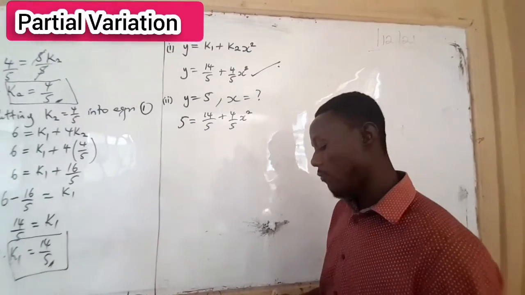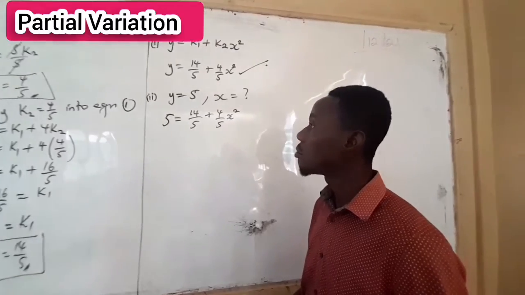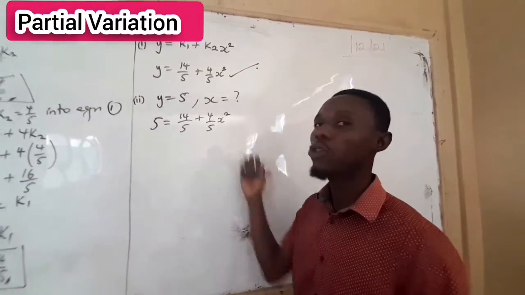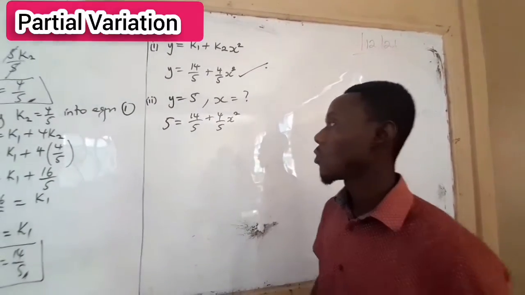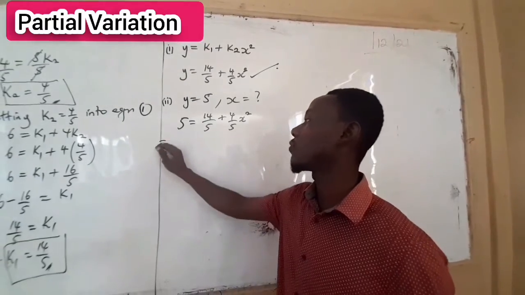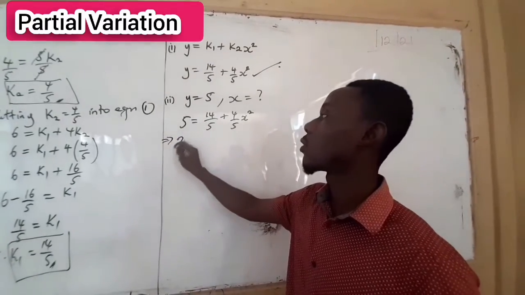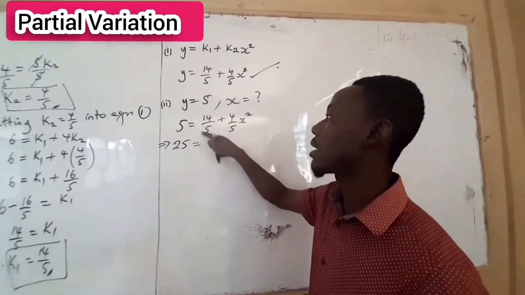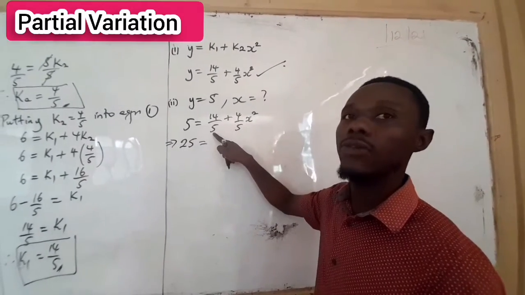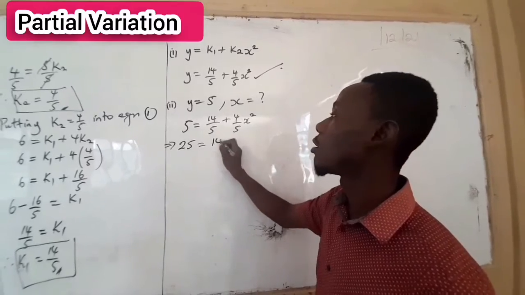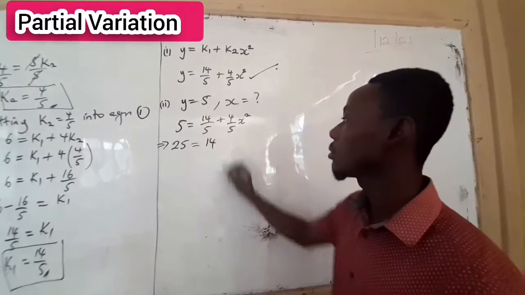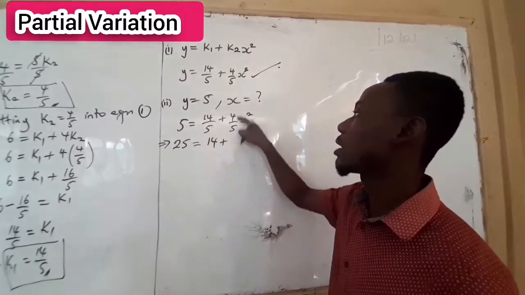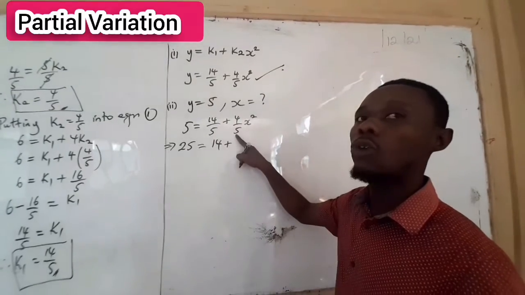Here, we can find the LCM, or simply, we multiply through by 5. So when we multiply through by 5, 5 times 5 is 25. When 5 multiplies this, it will cancel the 5. This 5 will go away, then left with what? 14. When 5 multiplies this one, the 5 will go away.